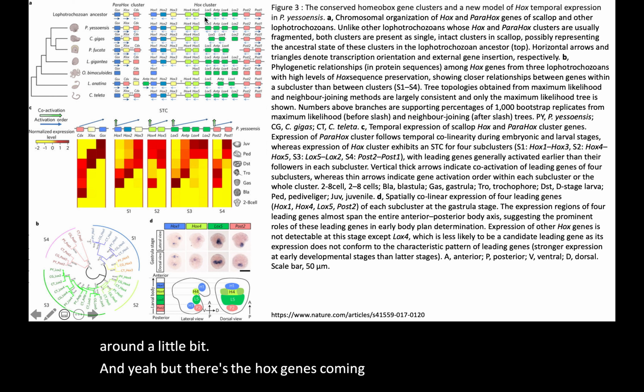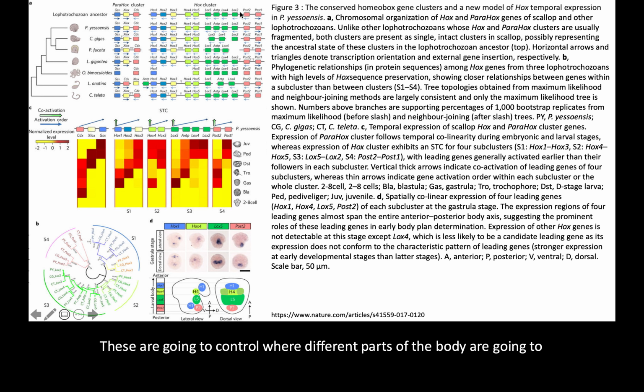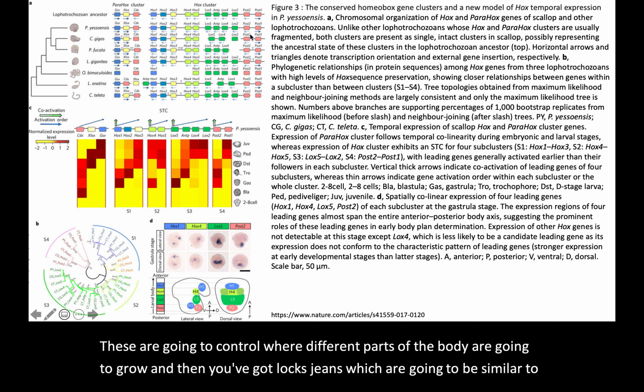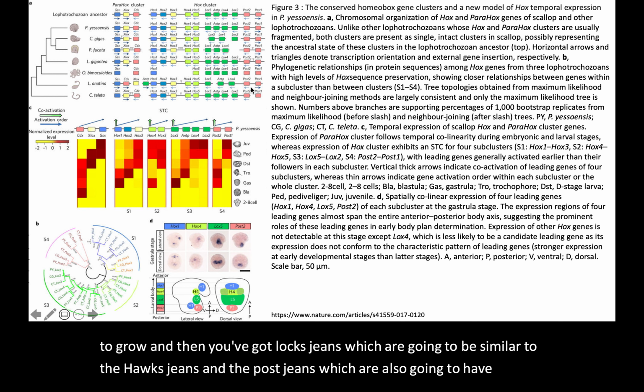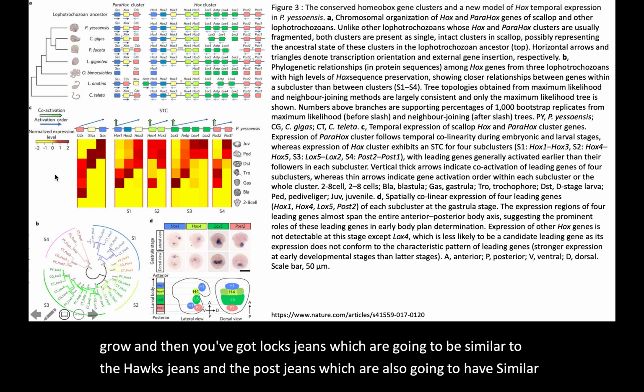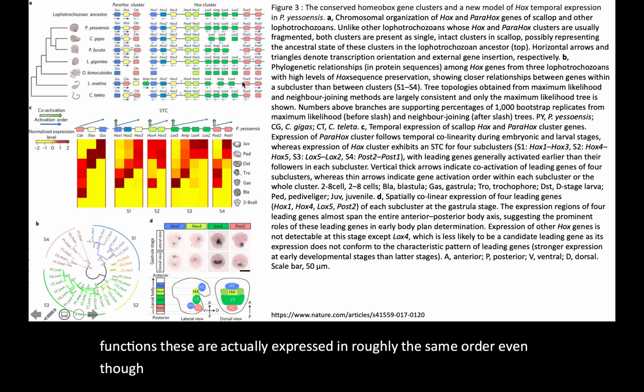So Hox 1 through 5, these are going to control where different parts of the body are going to grow. And then you've got Lox genes, which are going to be similar to the Hox genes, and the Post genes, which are also going to have similar functions. These are actually expressed in roughly the same order, even though they are rearranged very thoroughly.